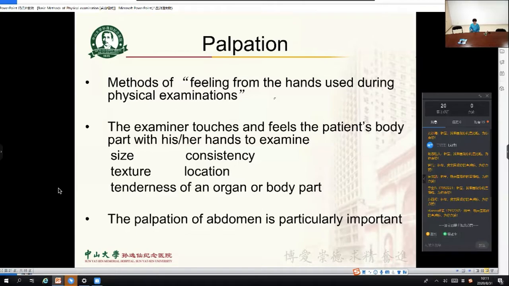So we need to describe the size, the consistency, the texture, the location, and tenderness. The palpation of the abdomen is particularly important.